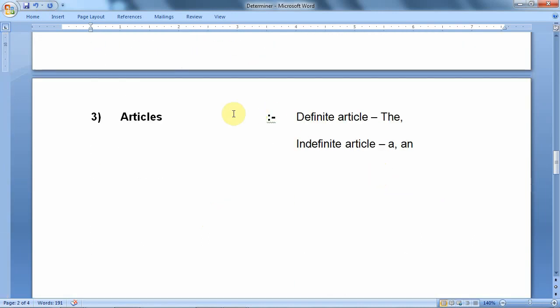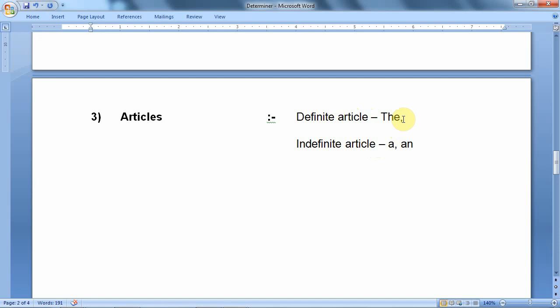Next we have articles. There are only 2 types of articles. They are definite article and indefinite article. For the definite article we have the.